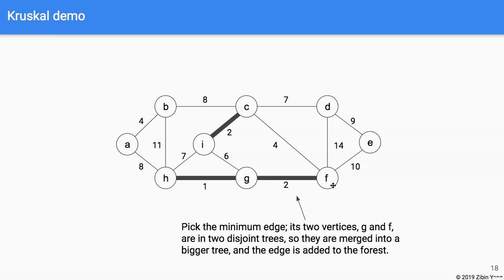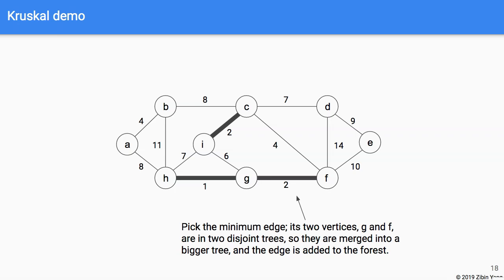F is its own tree. So this tree with 2 vertices and this tree with 1 vertex are disjoint. So again, we can merge them into yet another bigger tree, and we put this edge into the forest.